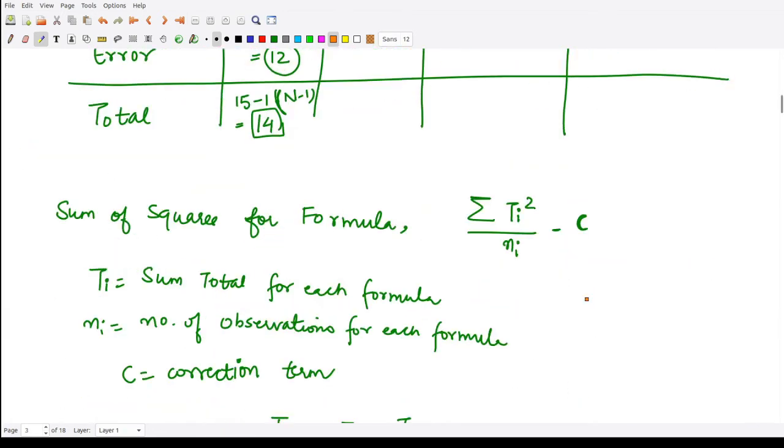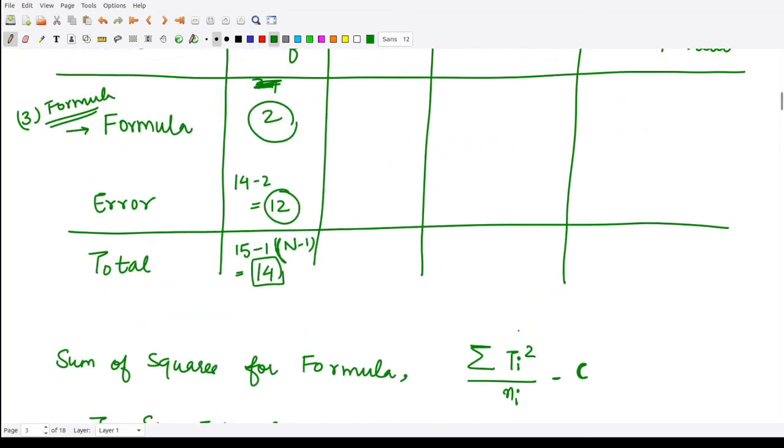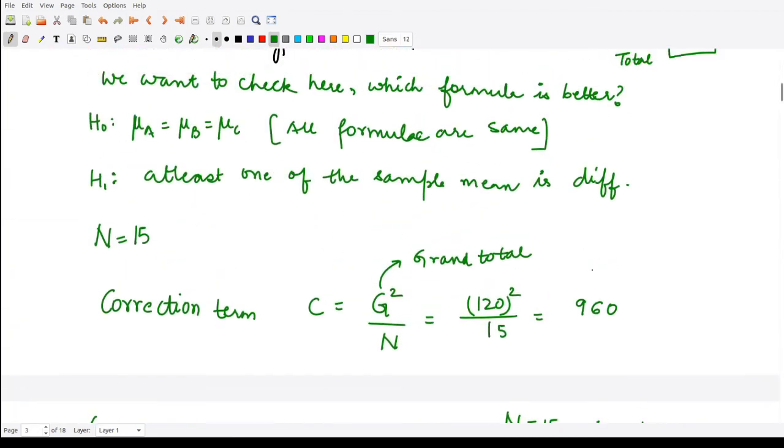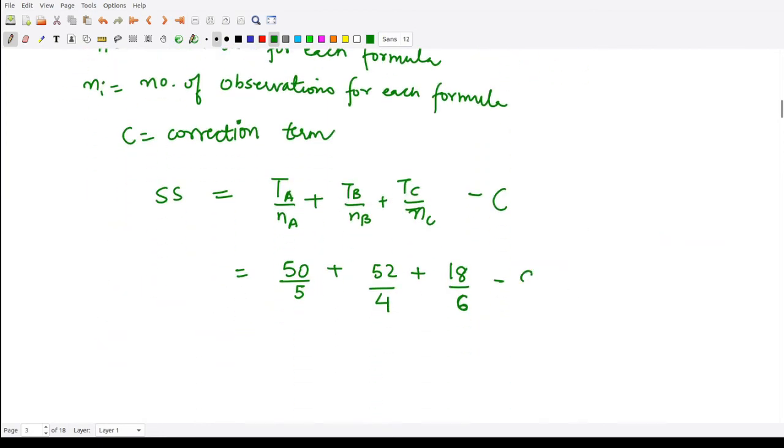So we can write down the values: Ta we calculated to be 50, Tb 52 and Tc 18, divided by Na 5 observations, Nb 4 observations and Nc 6 observations, minus the correction term, which we calculated to be 960. Each of these quantities is squared.